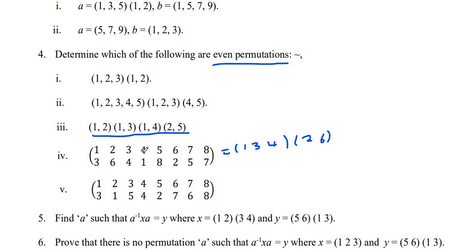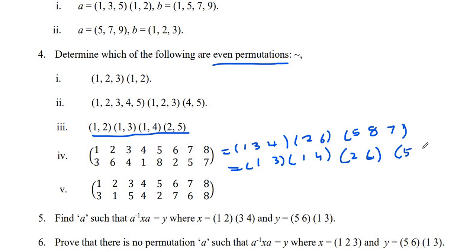And 5 is taken to 8, 8 taken to 7, 7 taken to 5. So here (1 3)(1 4), the (2 6) retained as such, and here (5 8)(5 7).